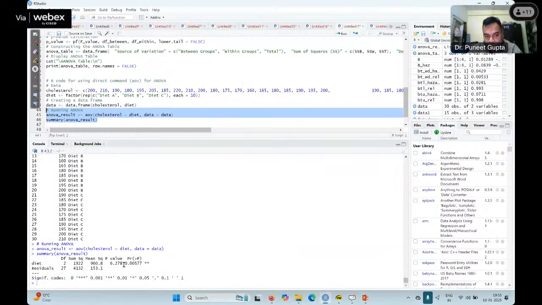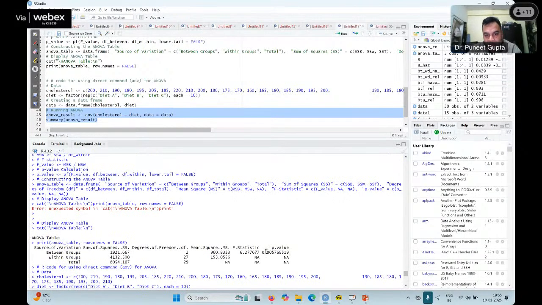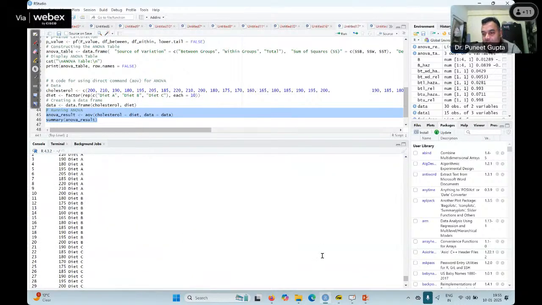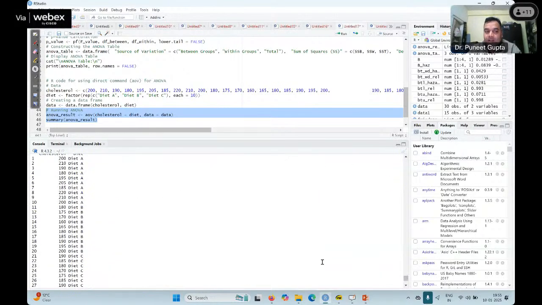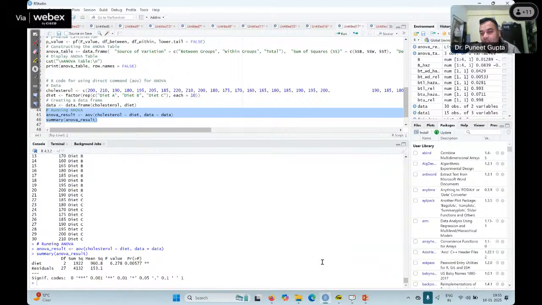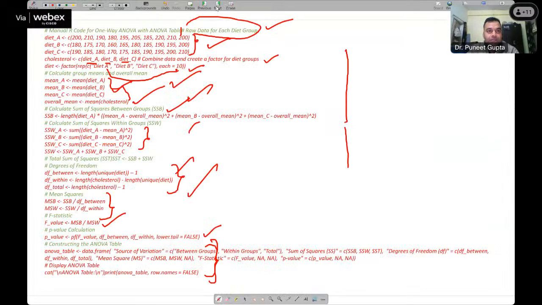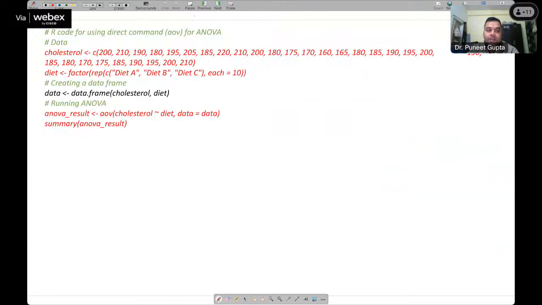So the p-value is 0.0057, and here what was the value? 0.0057, right? So from both, either the direct command or the manual calculations, both are giving the same results. Okay, so that's it.